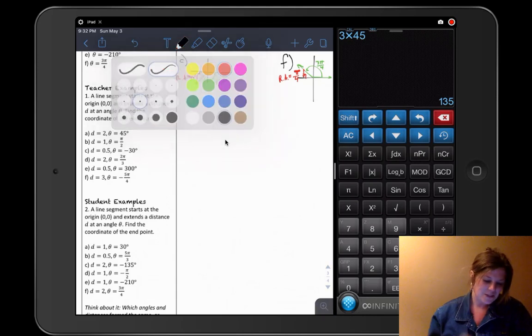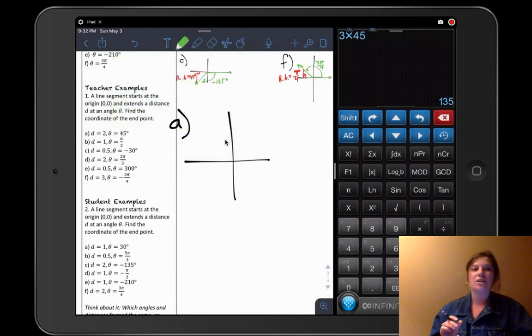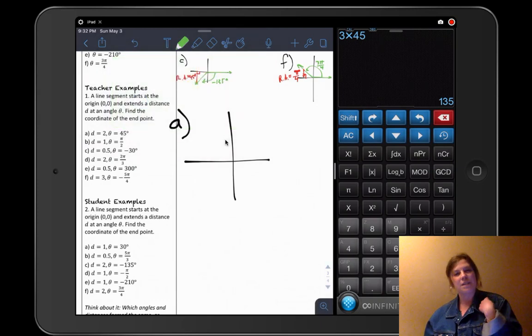Okay, so let's start with A. The question says a line segment starts at the origin 0, 0. Okay, that's simple enough. And extends a distance D at an angle theta. So that little angle symbol, you probably saw it in geometry. Remember that you say that theta.